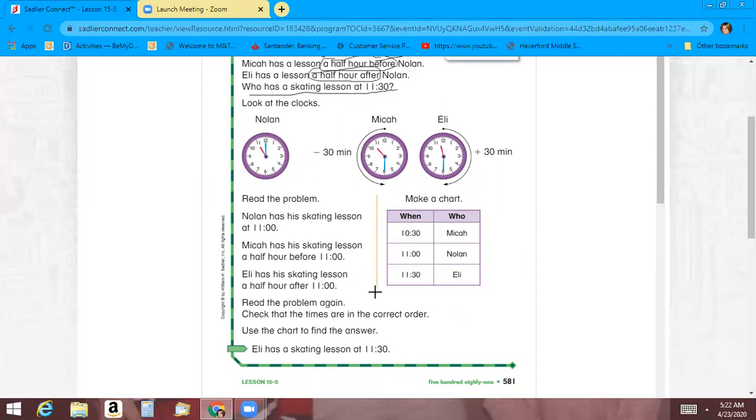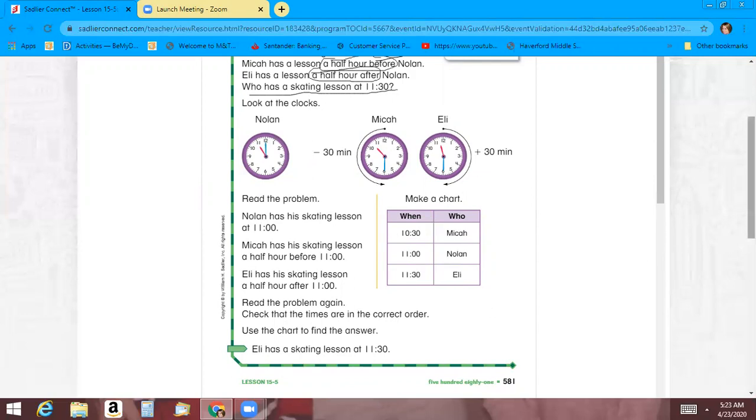And Eli has a skating lesson a half hour after 11, which is 11:30. So there's our digital time for 11:30, and there's Eli's name. Making a chart for the when and the who helps us figure out the question, who has a skating lesson at 11:30? Here's our answer. Eli has a skating lesson at 11:30.